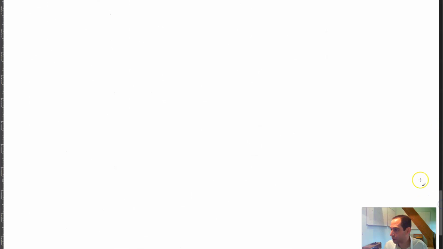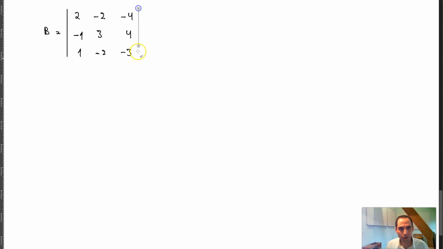But I can actually write down the matrices one more time here. So B was basically this matrix here: 2, -2, -4, and that's -1, 3, and 4, and that's 1, -2, -3.